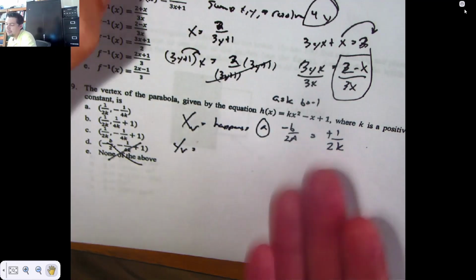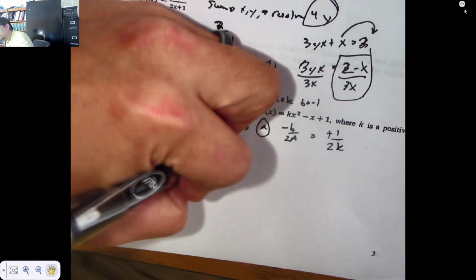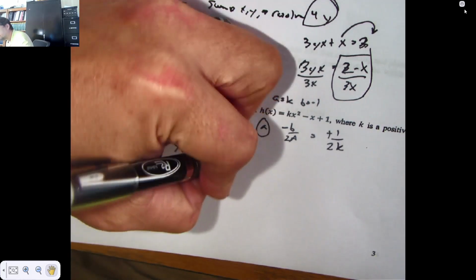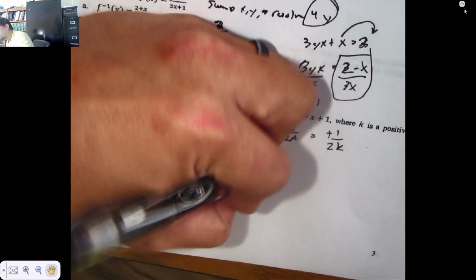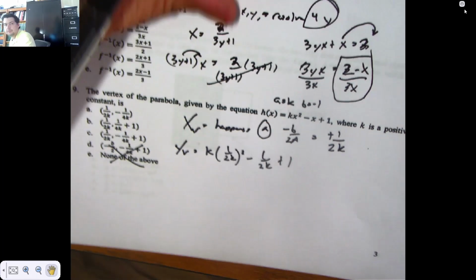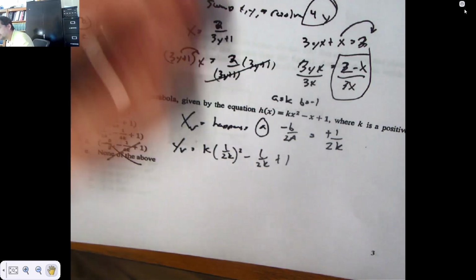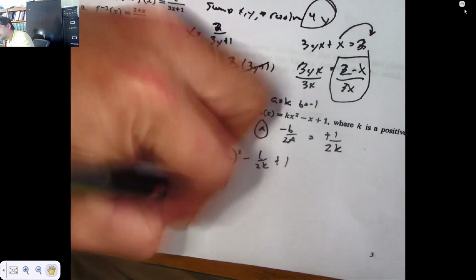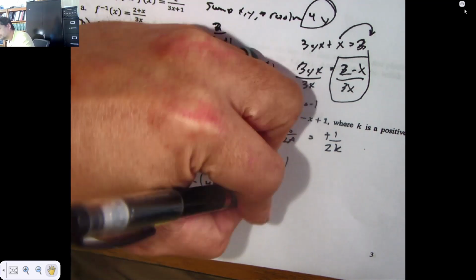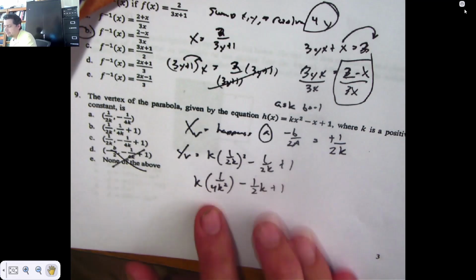Now, the y-coordinate of the vertex is found by plugging in. The y-coordinate happens when I plug that in. It's going to be k times 1 over 2k squared minus 1 over 2k plus a 1. Squaring 1 over 2k is 1 over 4k squared. You still got that k out front. And this will reduce on down.